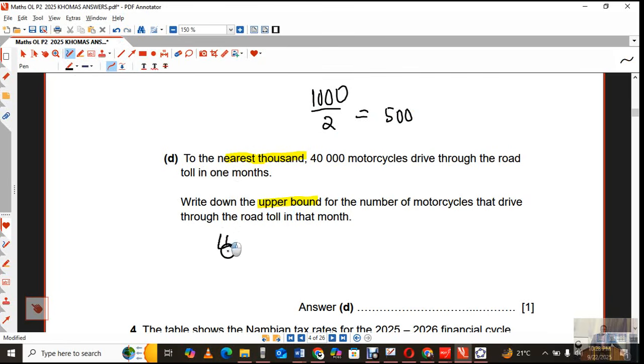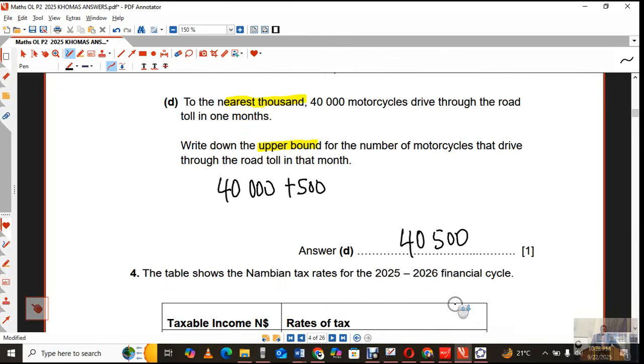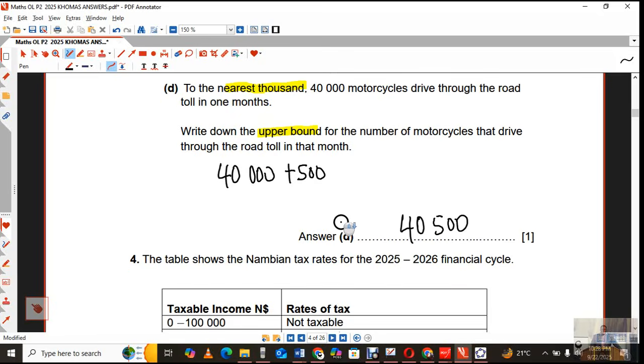You're going to say 40,000, and add 500 to it. So this is 40,500. That would be the upper bound of the total number of motorcycles that drive through the road in that specific month. If it was the lower bound, you would be subtracting that 500 from 40,000.